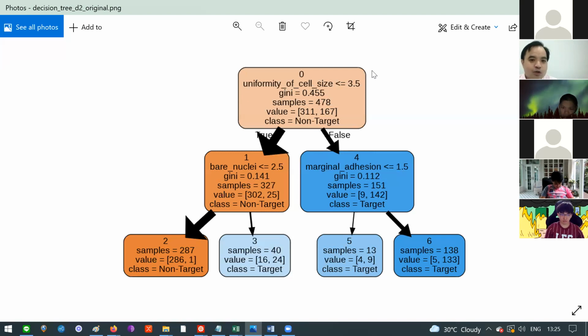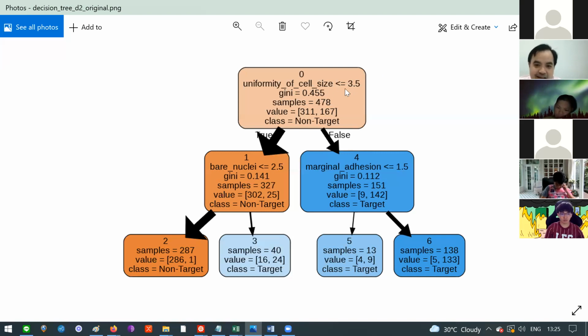You take the breast tissue, look at the microscope and estimate the size of individual cells and see if there's a lot of variation. Some big cells, some small cells, or pretty much the same size. So x1 would be uniformity of cell size.